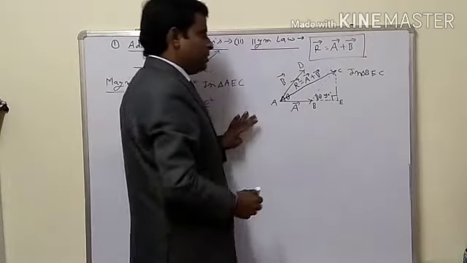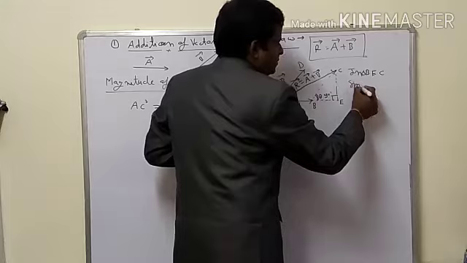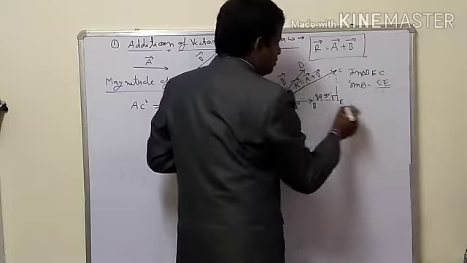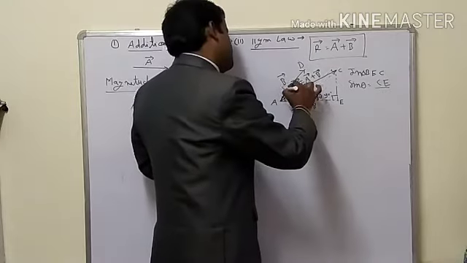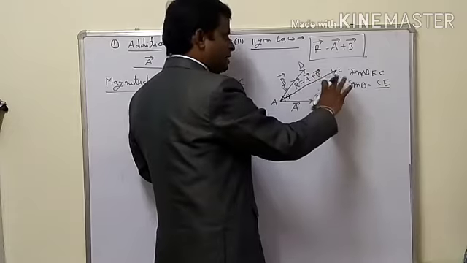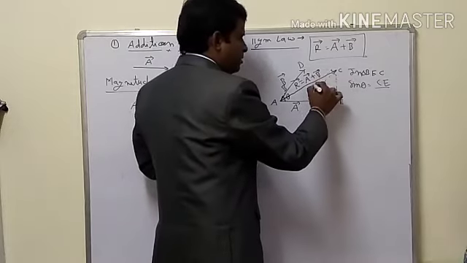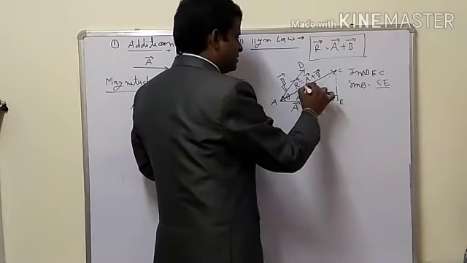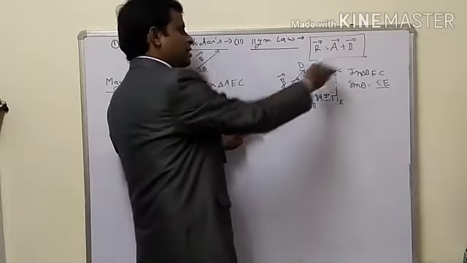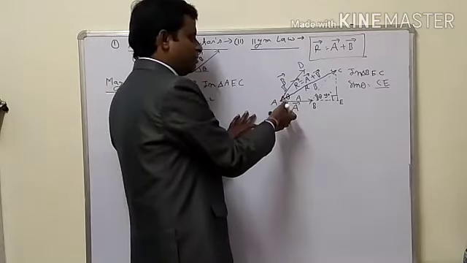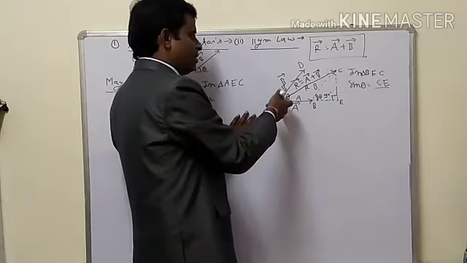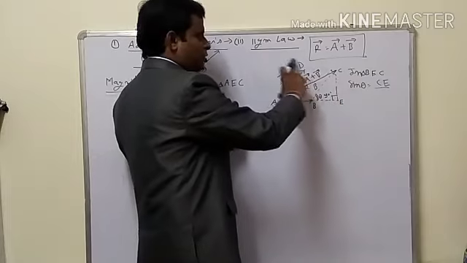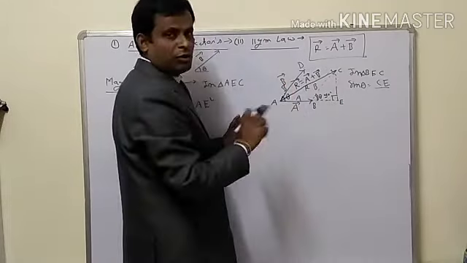In triangle BEC, sin theta is equal to CE upon the length of vector B. If AD is B, then BC is also B. AB is A and AC is R, the magnitude of AC vector, R vector, magnitude of AB vector, A vector, and magnitude of B vector or AD vector. So the magnitude will be B. Why? Because parallel sides of the parallelogram are the same.